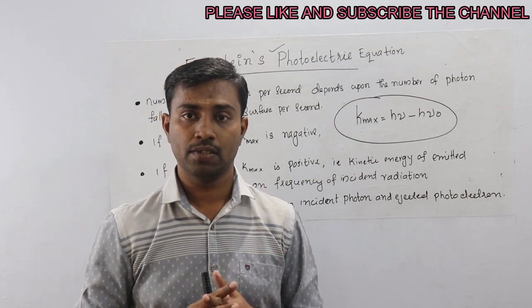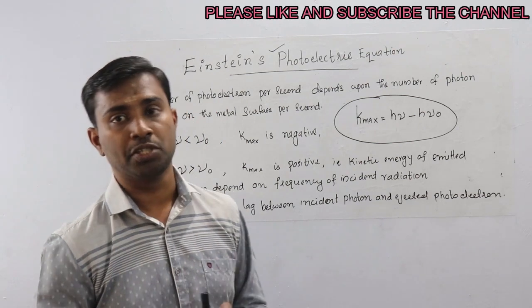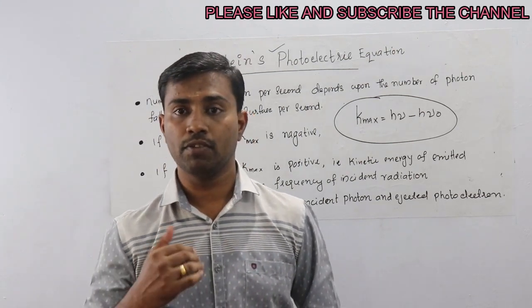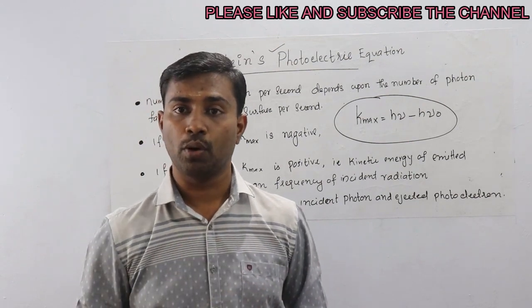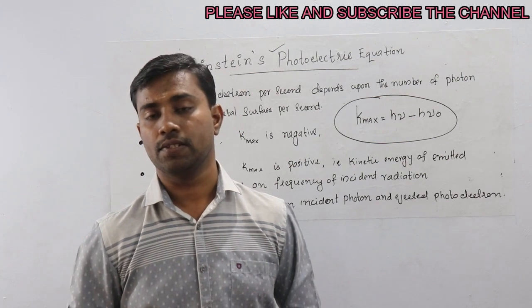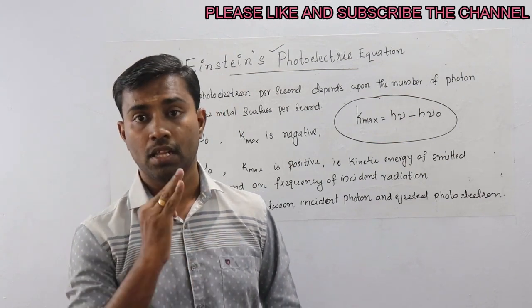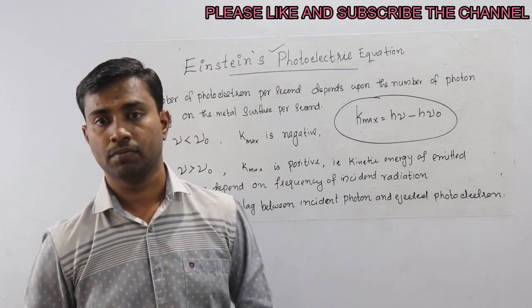That means the kinetic energy of the emitted photoelectron depends on frequency. If the frequency of incident radiation increases, the kinetic energy of the photoelectron also increases. That is the third point from the photoelectric equation.